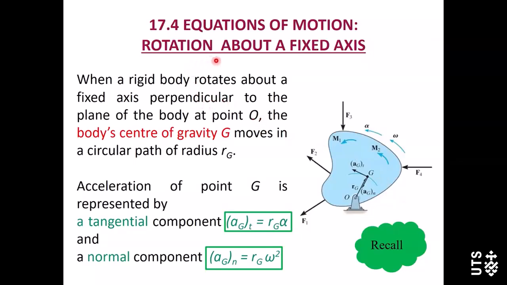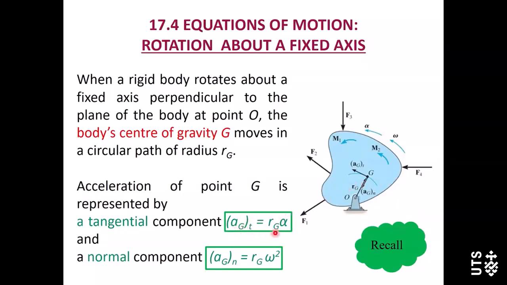Secondly, rotation about a fixed axis. If the problem is rotation about a fixed axis, for example here, the rotation center is point O, and the mass center is point G, we can easily determine the relationship between a_G and alpha.